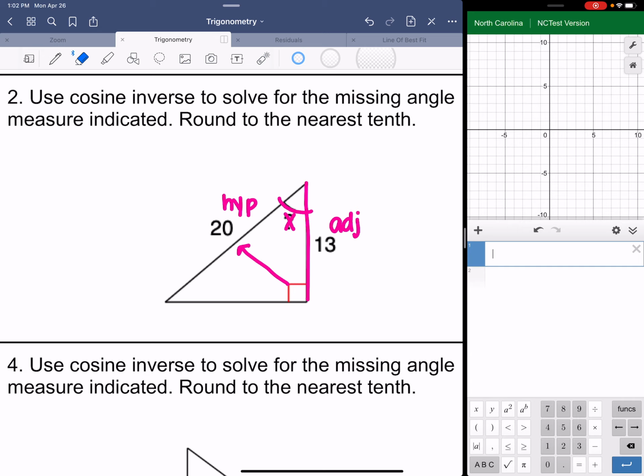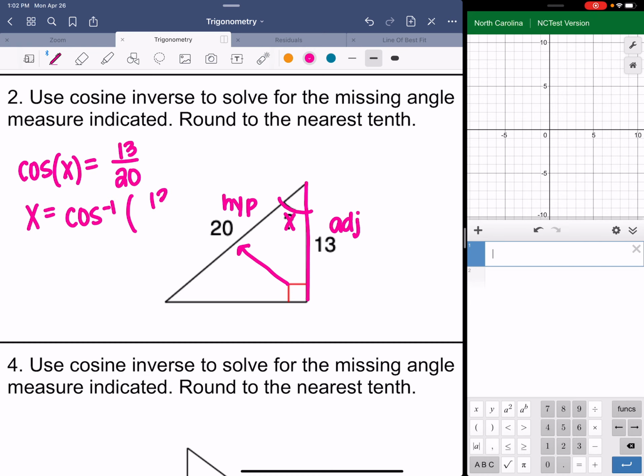So let's set up that ratio. Cosine of X is adjacent over hypotenuse. So that's 13 over 20. If I want to get X by itself, I want just X equals, then I need to take the inverse of cosine on each side. That leaves me with X equals cosine inverse of 13 over 20.